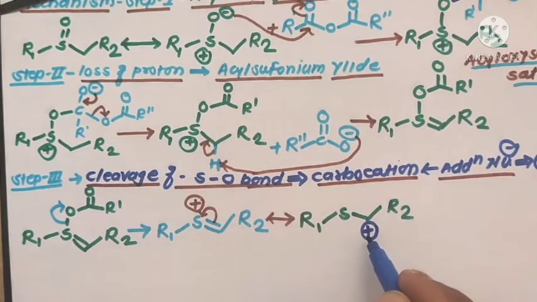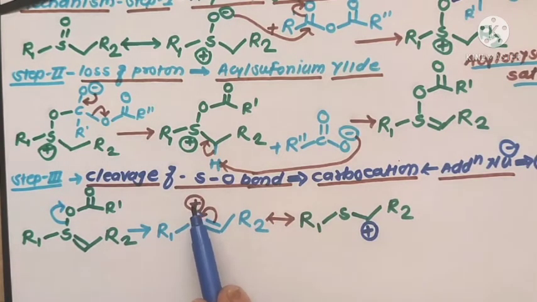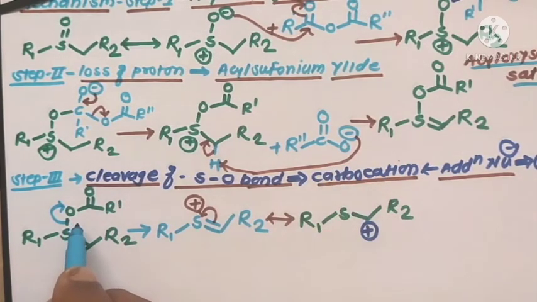The carbocation can react in the presence of a nucleophile. The nucleophile may come from the same reaction center, that is an intramolecular reaction, or from outside, that is intermolecular nucleophilic addition. In this reaction, the source of the nucleophile is the acylate ion eliminated in the first step.